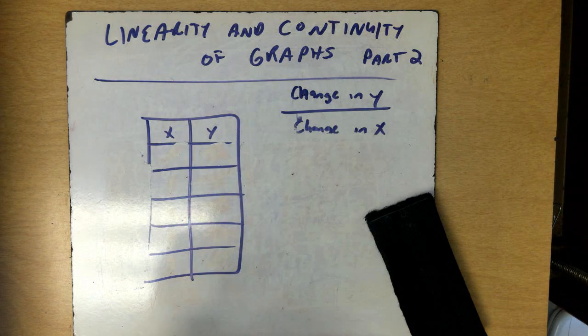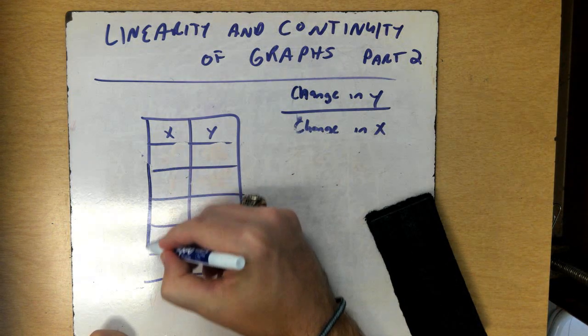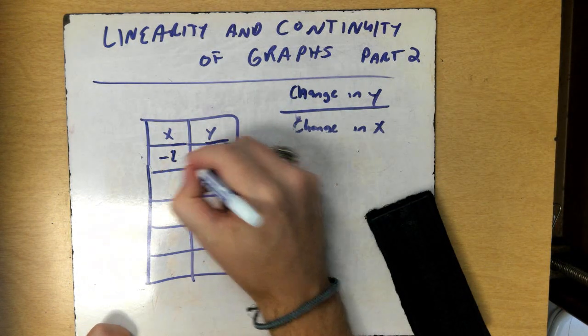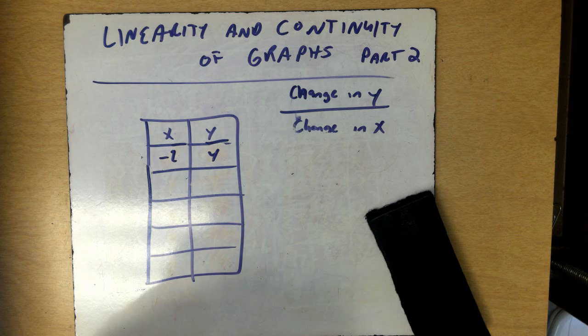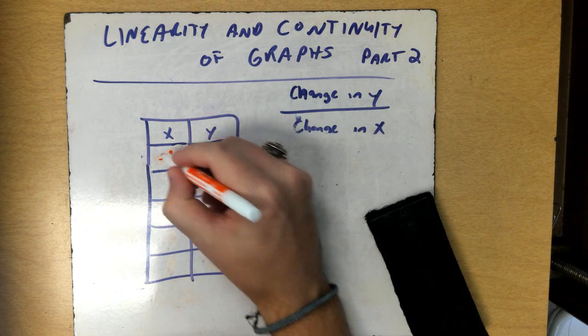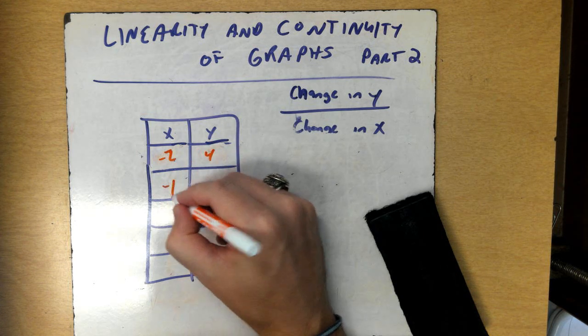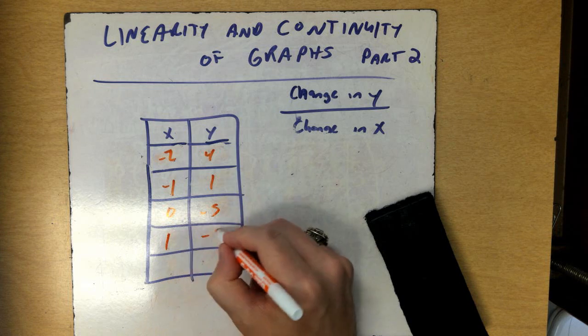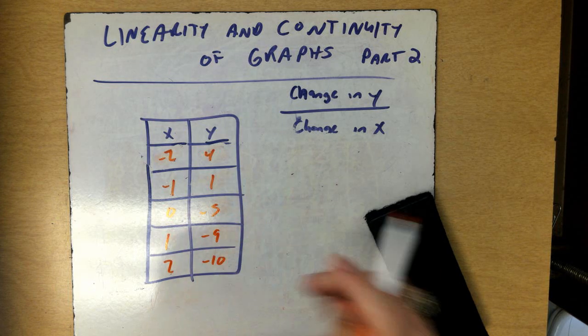Now if I have numbers like this: x is -2, -1, 0, 1, 2, and y is 4, 1, -5, -9, -10.